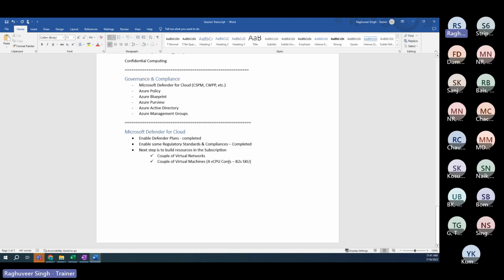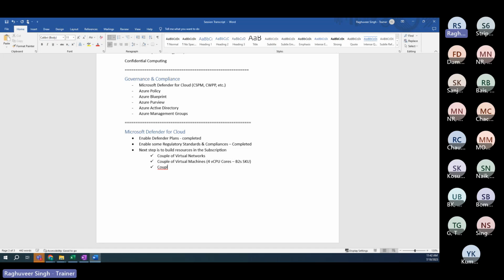When you build 4 virtual machines, build 3 Windows virtual machines and 1 Linux virtual machine so that you also understand the Linux part in Azure. But if you are more comfortable with Windows and you have not worked with Linux in the past, then only build Windows. But if you want to learn Linux also, build Linux virtual machines too. Then you will need to build a couple of storage accounts.